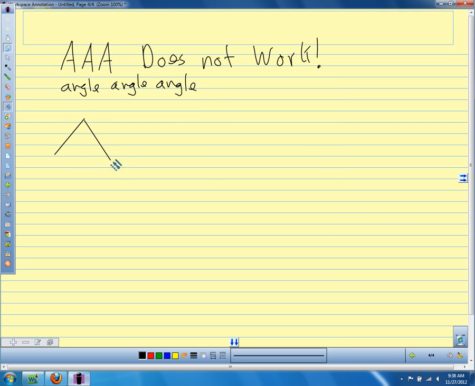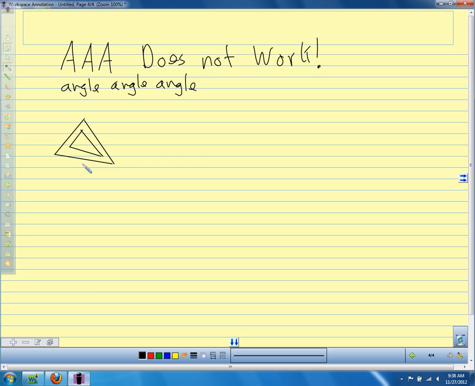So here are two triangles with the same angles that are not congruent. So this is why angle, angle, angle doesn't work. I can make the sides different lengths and the triangles still have the same angles.